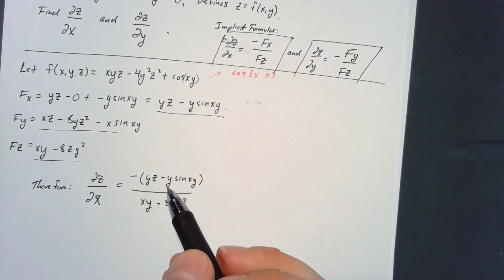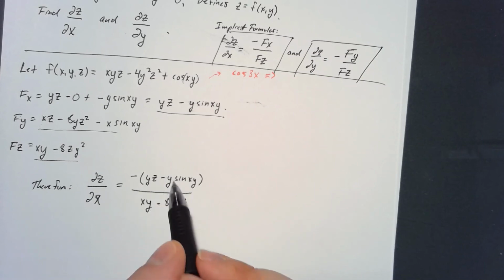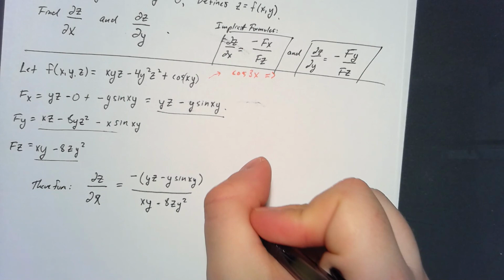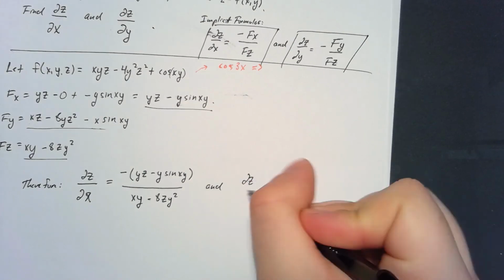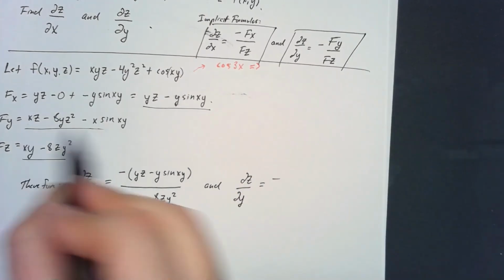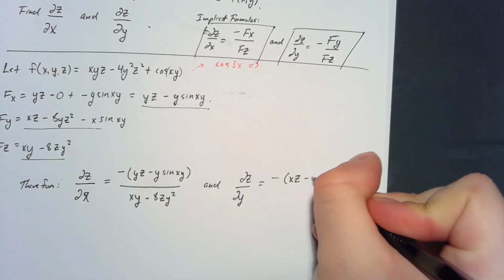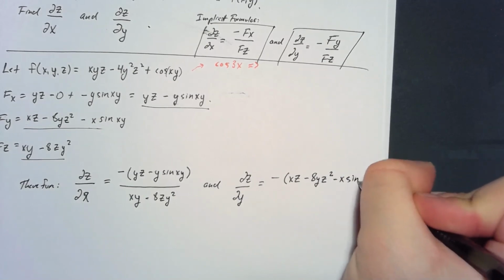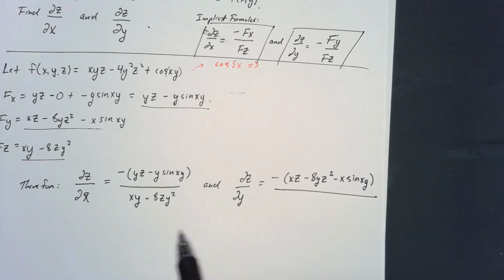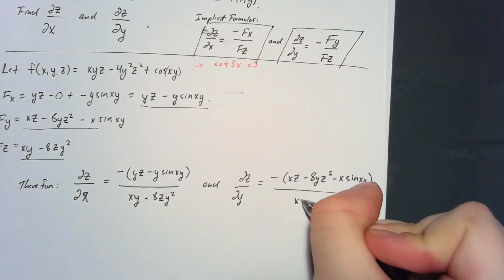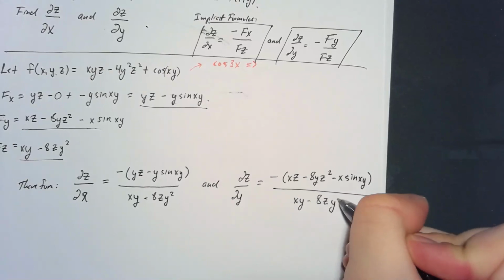Again, if you want to distribute the negative here, go ahead and knock yourself out, but it's really not that bad. It's really not important. And then the other partial, negative f sub y, so it's negative of this, all over f sub z, which is this. And that's it.